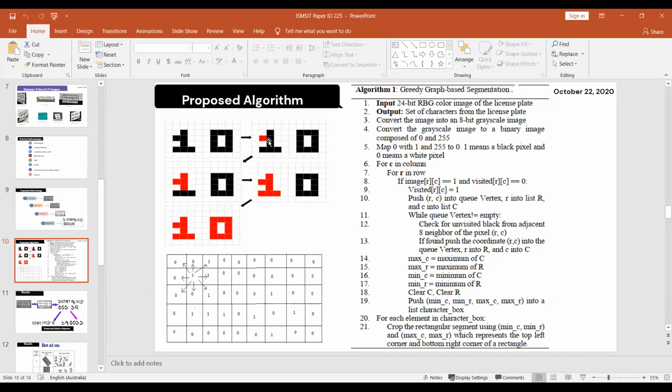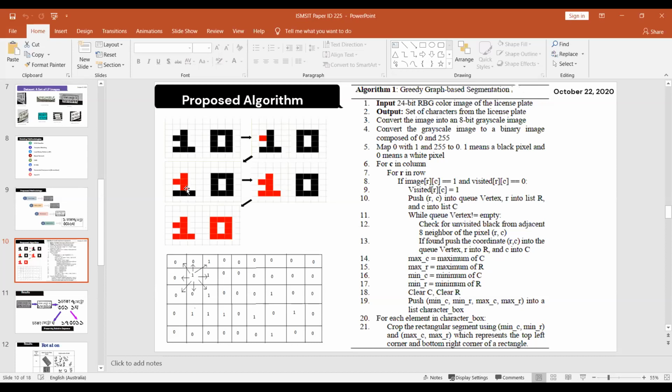In the upper picture, if I do the same thing, first we'll find this red pixel here, and then we'll identify the black neighbors, which are these 3 pixels, and we mark those as red because we already visited them. For each of these pixels, we'll try to identify the neighbors that are not visited. For the first one, there will be no neighbor.